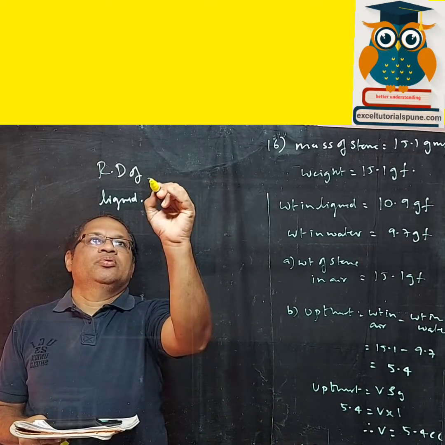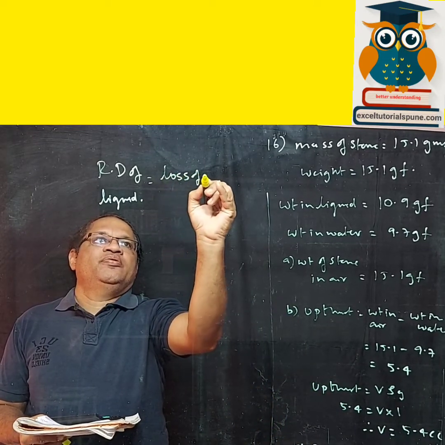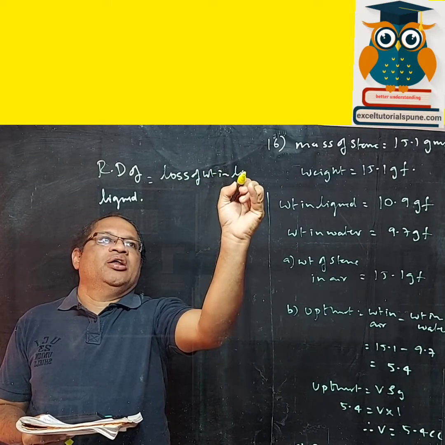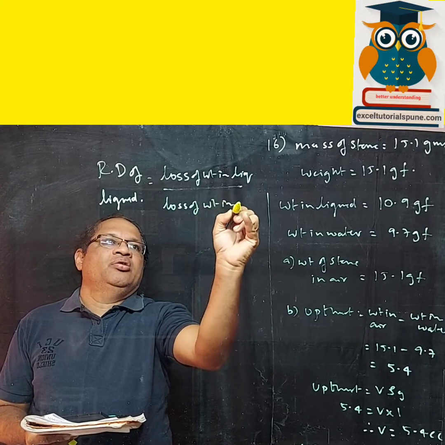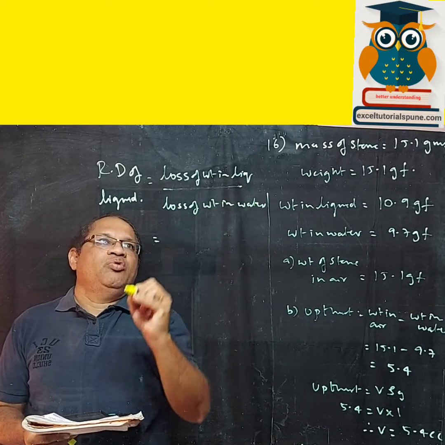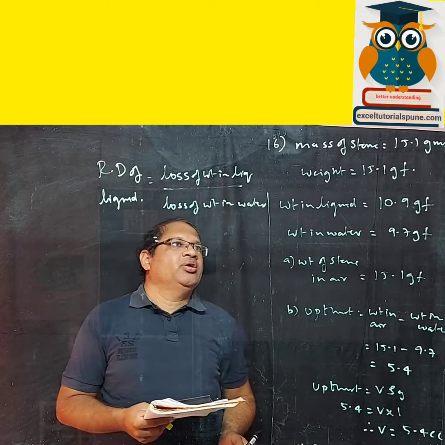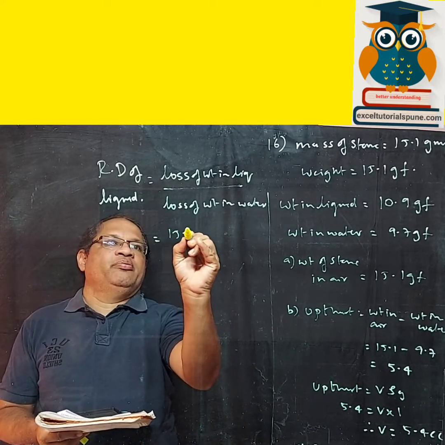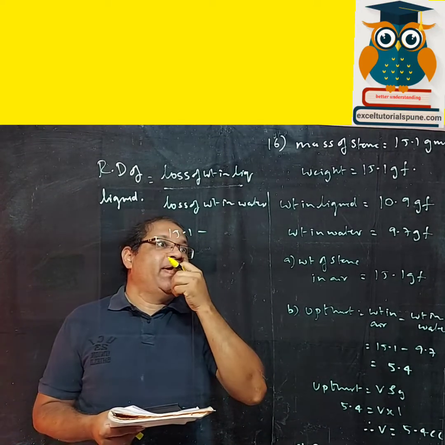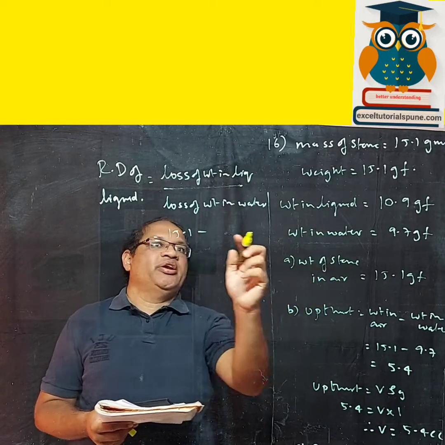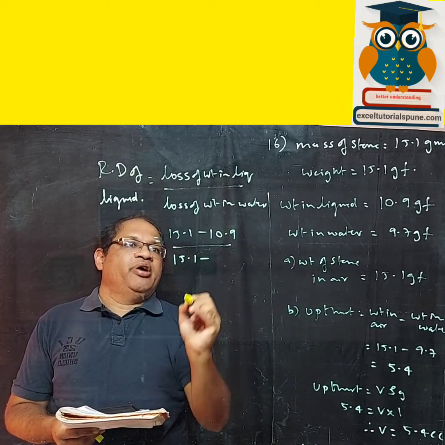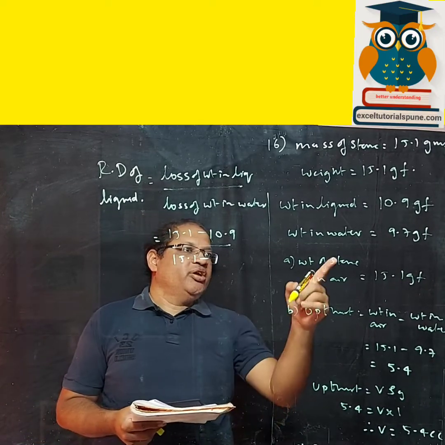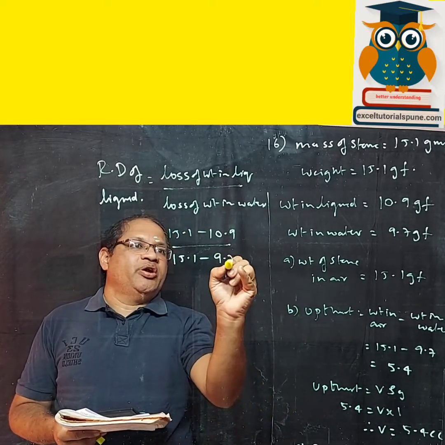Okay, loss of weight in liquid upon loss of weight in water. Now what is loss of weight in liquid? 15.1, that is the weight of the solid in air, minus weight of the solid in liquid, 10.9, upon 15.1 minus weight of the solid in water, that is 9.7.